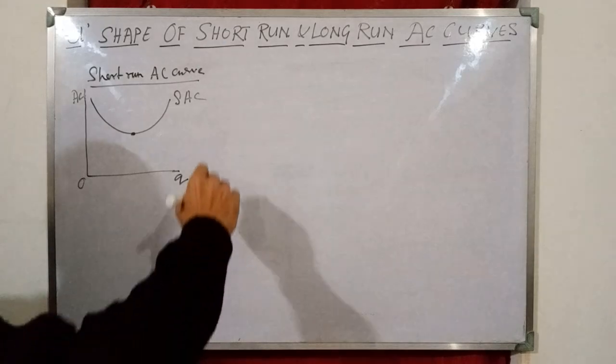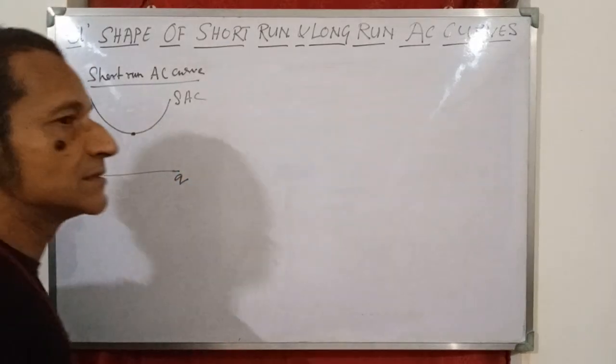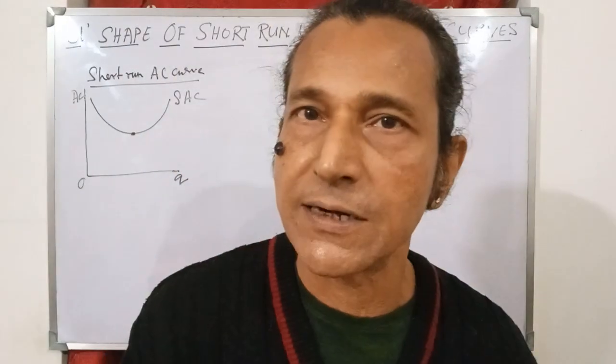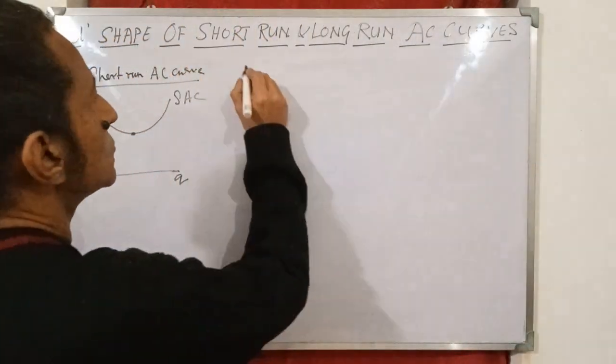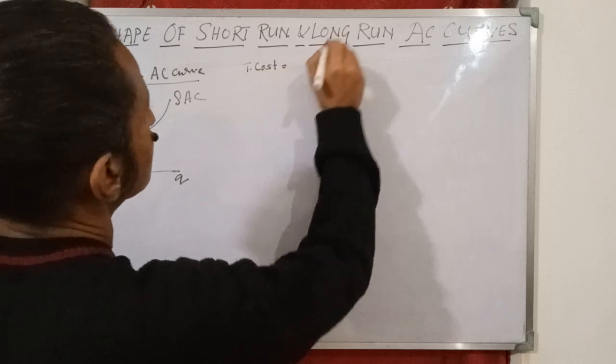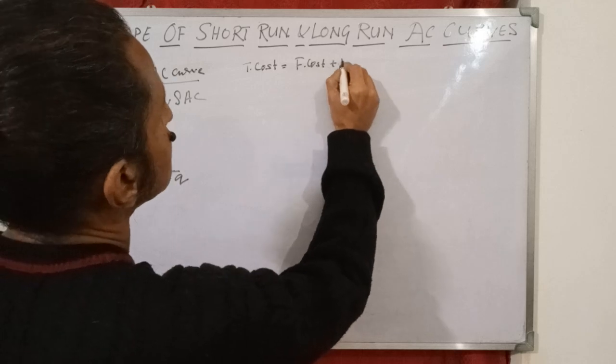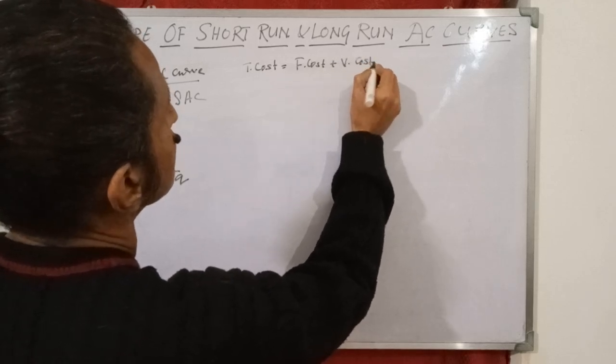As I told you a few seconds back, in the short run, some factors are fixed and some factors are variable. So, total cost is equal to fixed cost plus variable cost.